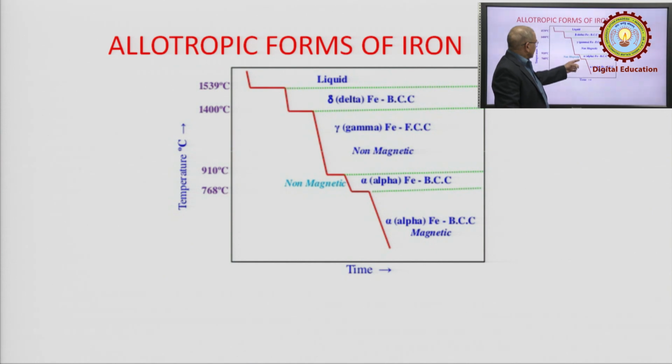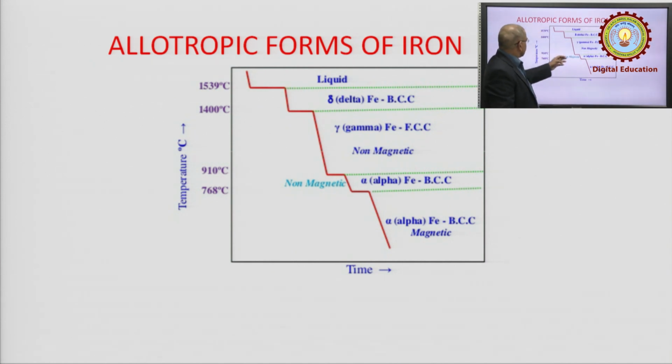So at this arrest point, when you continue supplying heat, after the transformation from magnetic to non-magnetic has occurred, the rise in temperature continues up to 910 degrees centigrade. After 910, again an arrest point occurs whereby there is no change in temperature with respect to time, though heat supply continues. That means energy is getting into the material to bring some change, and that change is alpha iron converting into gamma iron, which has the FCC, face centered cubic structure.